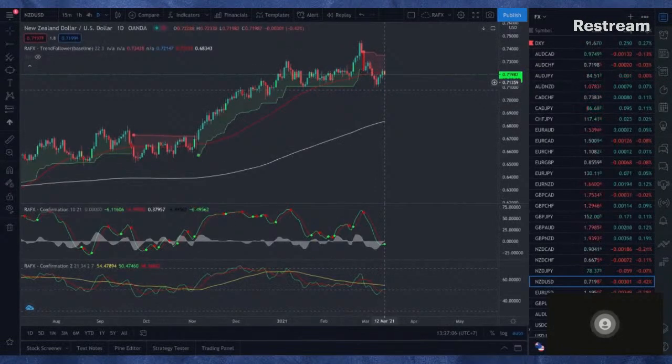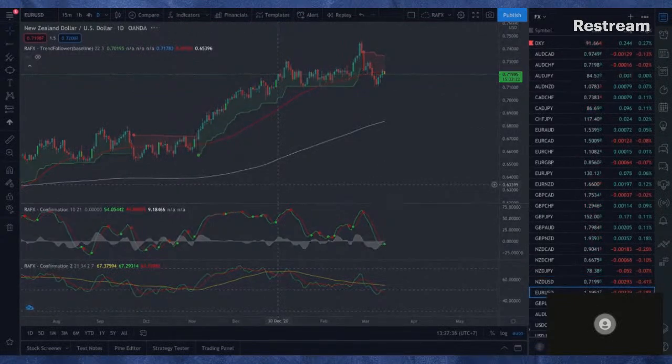NZDUSD is still in an uptrend, but I will not take this trade until the price is above that baseline. The reason is since it broke down this 50 baseline, there is a probability that it will go below or test this 200 baseline.